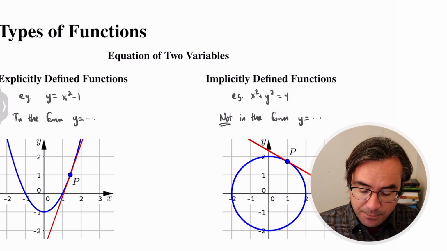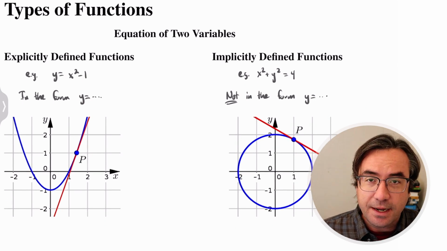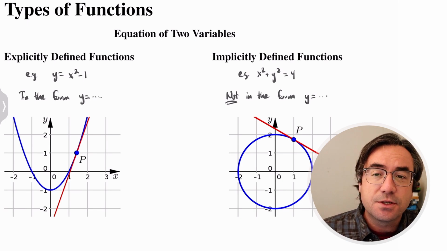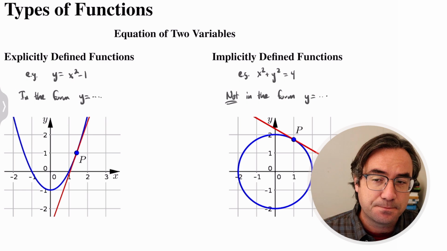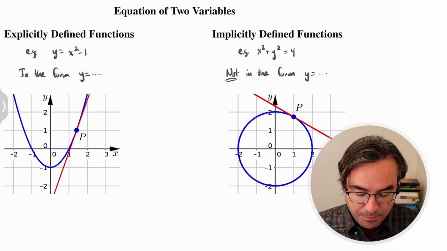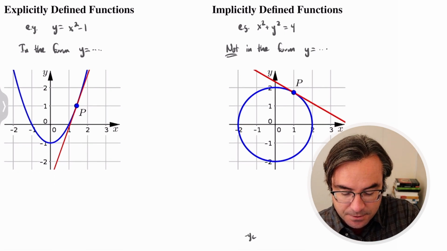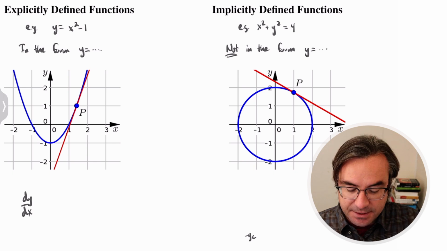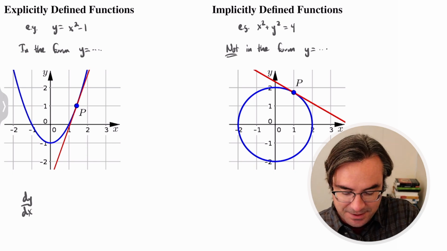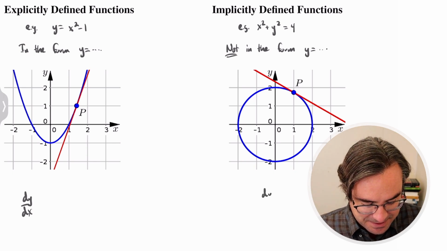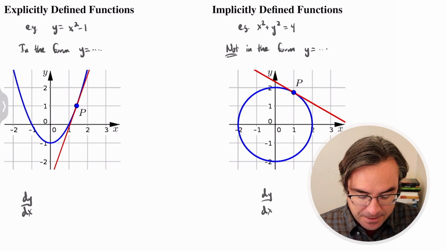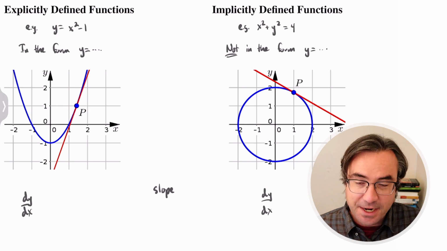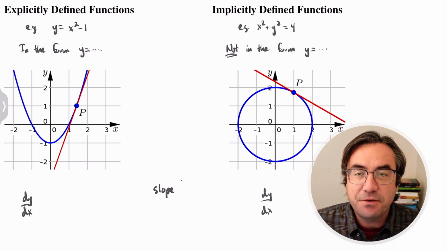And one of the main properties we're interested in a calculus course is, what is the derivative, dy dx? And in both of these cases, calculating the derivative dy dx, what is it going to give us? Well, it's going to give us the slope of the tangent line. This is what we've done before.